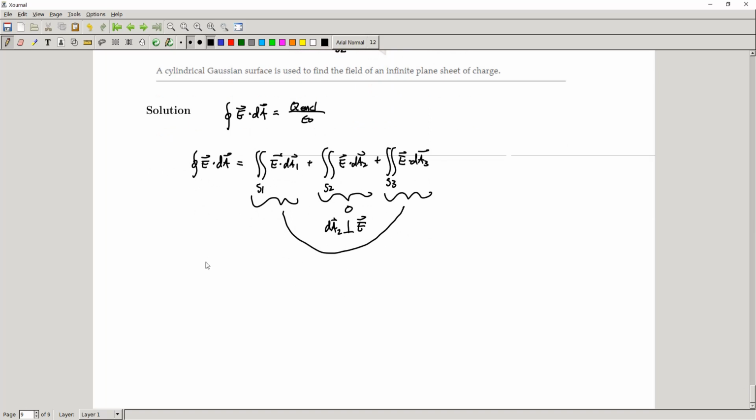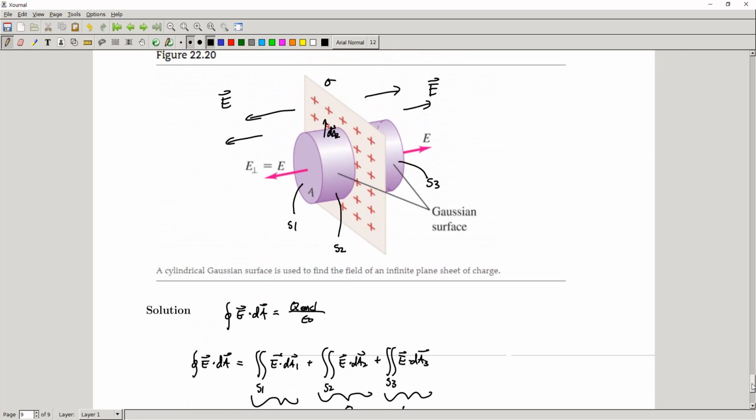And so this is telling us that this integral, which we started with above, is actually just going to end up being twice the integral over S1. And I'm going to make another simplification because we know that E for these regions points in the same direction as dA, right? We know that our dA ones are going to point in that direction.